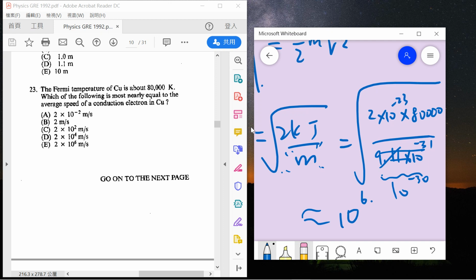I only calculate the power of 10 and check the first number, and neglect some 1 to 10 constant. So the answer is E.